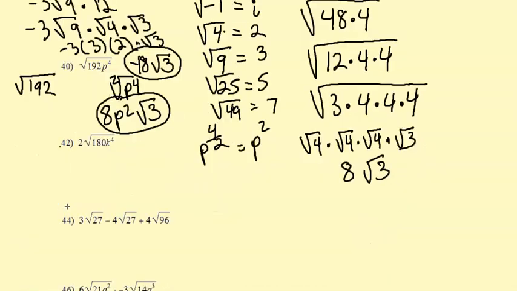Let's look at 42. 2 times the square root of 180 times k to the 4th power. So for this one, we're going to split it up just like on 40. So we have 2 square root of 180, and then we have the square root of k to the 4th power. Okay, well 180 is 9 times 20.